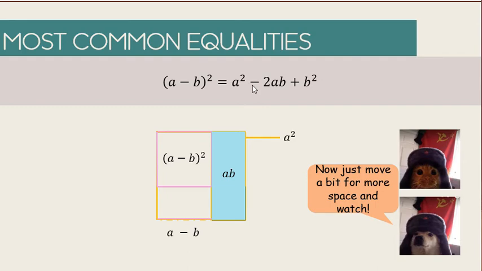Now we need to subtract AB 2 times here on the right hand side. So we'll try to subtract this rectangle from the original big square. But in order to do that, we need more space. So the communist dog and cat are moving a bit. Okay, they will be right back.